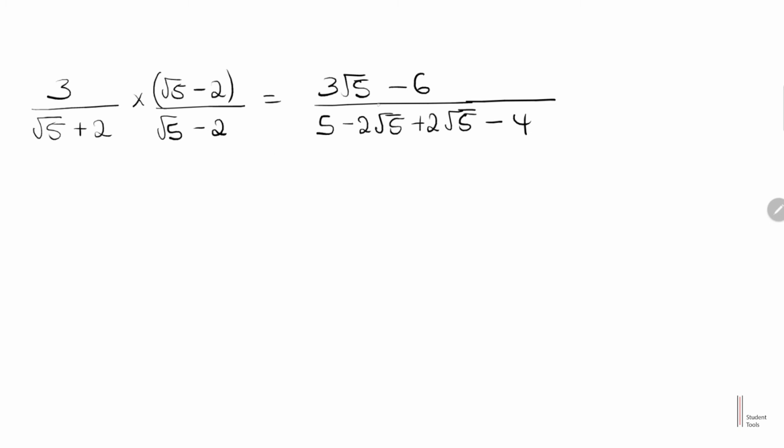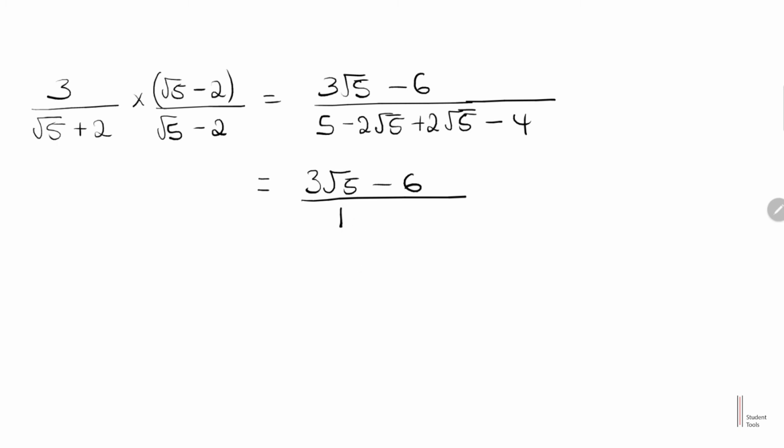So this denominator can still be simplified. Here we will have 3 root 5 minus 6 as the numerator, over 5 minus 2 root 5 plus 2 root 5, that is a 0, so that means we have 5 minus 4, which is equal to a 1. All right. So now you can see our denominator is a rationalized one.